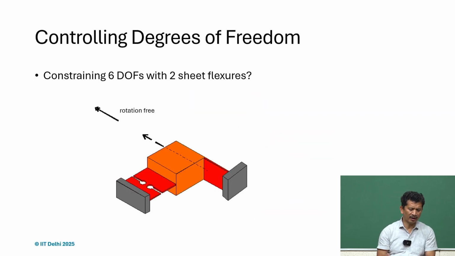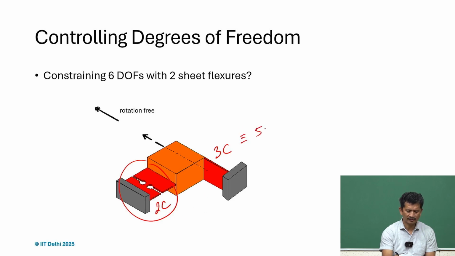So, if you want an exact constraint design, you can always remove one of the constraints, and now you can say 3C and 2C. So, a total of 5 constraints, and you have one DOF, which is the rotation.